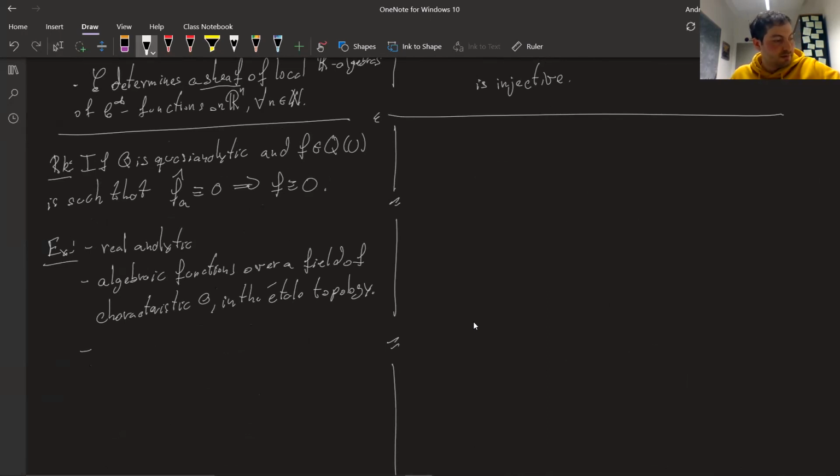And more generally, let me see two other examples that we're going to talk about from time to time: the Denjoy-Carleman classes and the quasi-analytic Denjoy-Carleman classes.